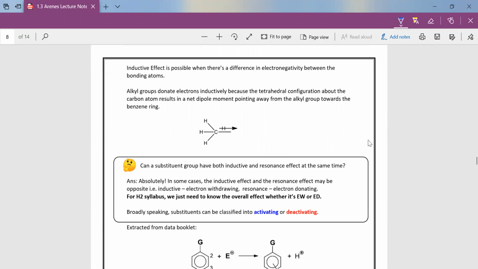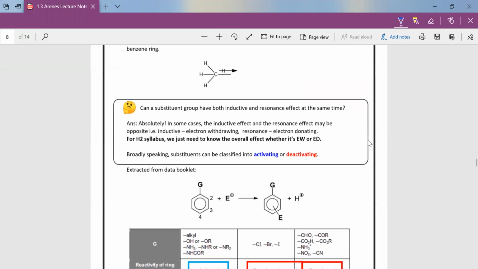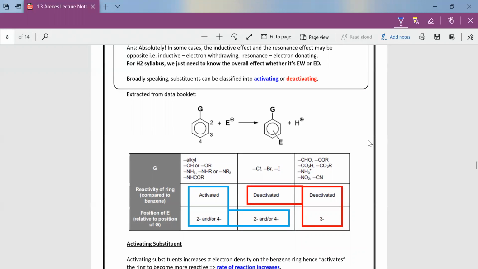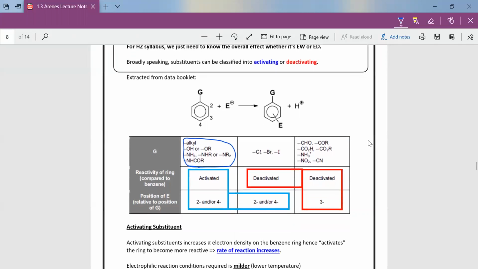Yes. In fact, two very common substituents, your amine and your hydroxy group, have both inductive and resonance effects. For us, H2 syllabus, we just need to know whether overall it is electron withdrawing or electron donating. From the data booklet, you realize that the activating groups are normally saturated: the first atom that's bonded to the ring is saturated.